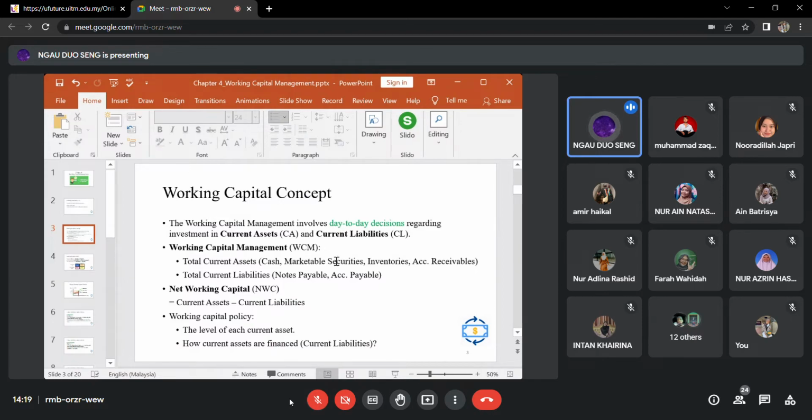So working capital management, right. All right, total current assets, right. We have the cash, marketable securities, inventories, account receivable, right? Then we have total current liabilities, we have notes payable, account payable. Then net working capital, this one also we learn in chapter 2 when we have the ratio, right? So we are using current asset minus current liability, net working capital.